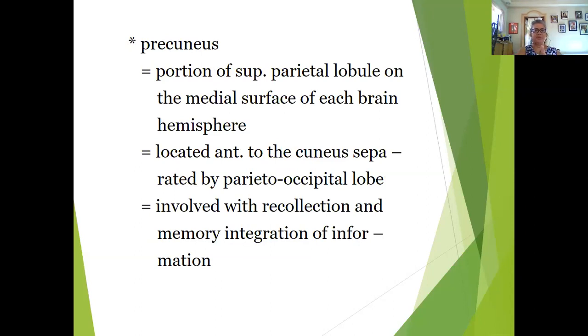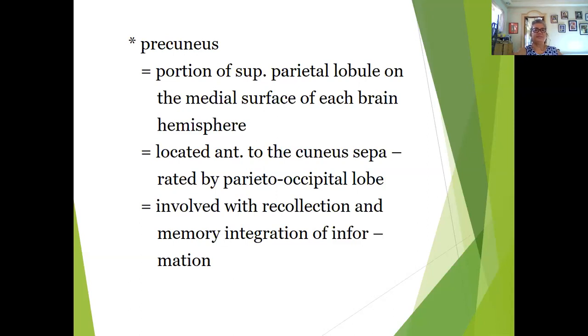So this is what I have been telling you, that you can see clearly the separation of your parietal and your occipital lobe. Wherein in the parietal lobe, you will have the precuneus lobule. And in the occipital lobe, you will have the cuneus lobule. And so it will transect or separate these two lobules.